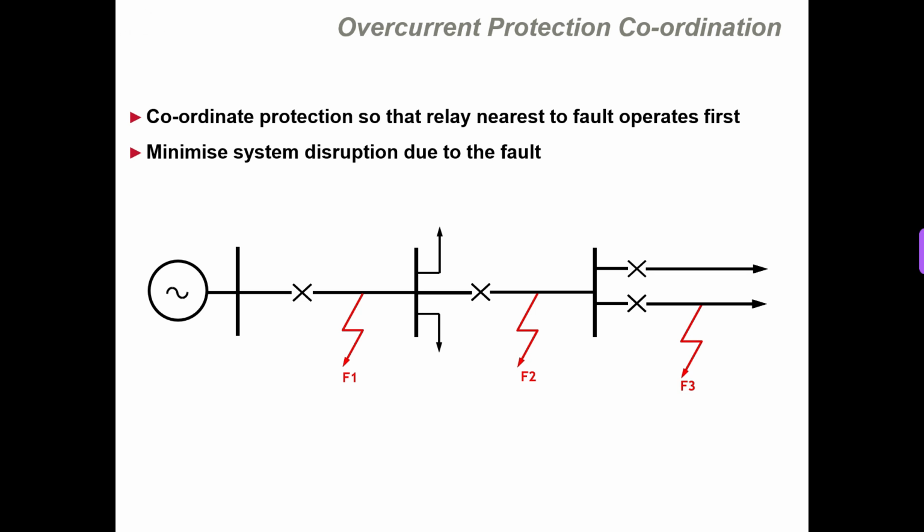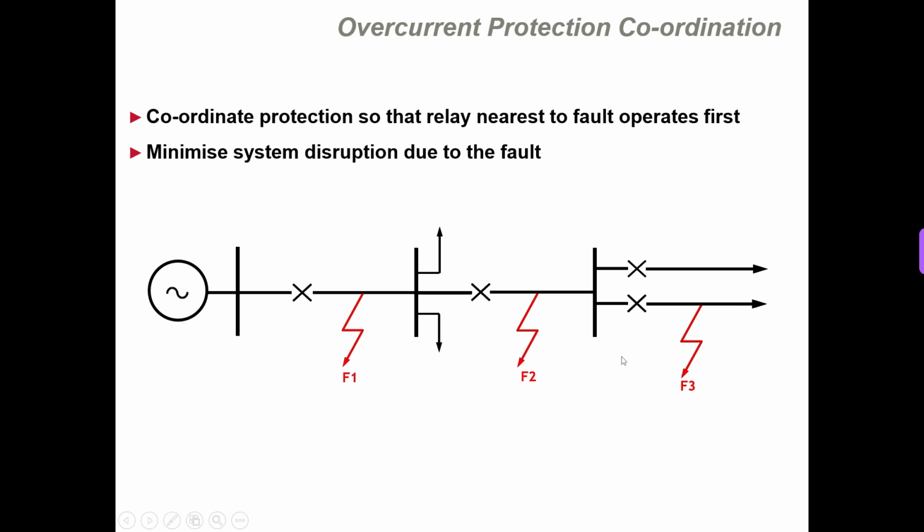So basically, for an overcurrent protection, the relay nearest to the fault operates first, and this is applicable for all. When we were discussing transmission line protection, we discussed the same thing, like the relay nearest to the fault, like zone 1, should operate faster as compared to zone 2, which should operate faster as compared to zone 3.